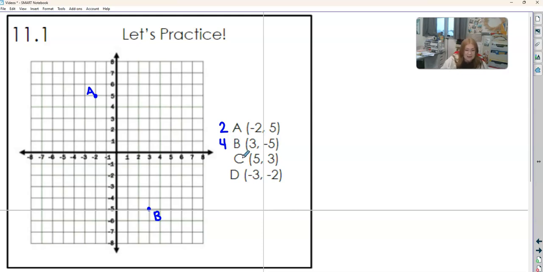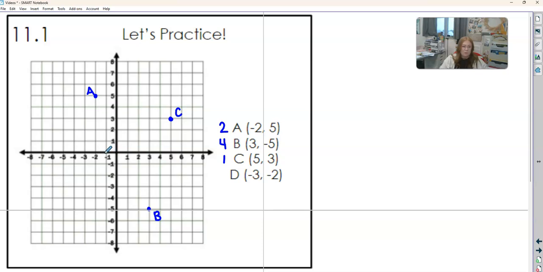Then we have C is over 5, positive, up, +3. So starting from our origin, 0, 0, over 5. Then we're going up 1, 2, 3. Put my dot there, and we're labeling it C. And this is in the first quadrant. Quadrant 1 is positive, positive. And our last one, we have -3, -2.